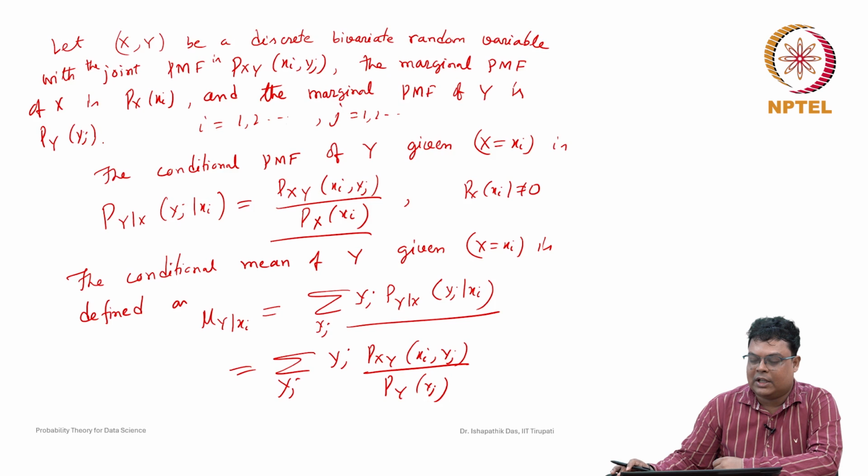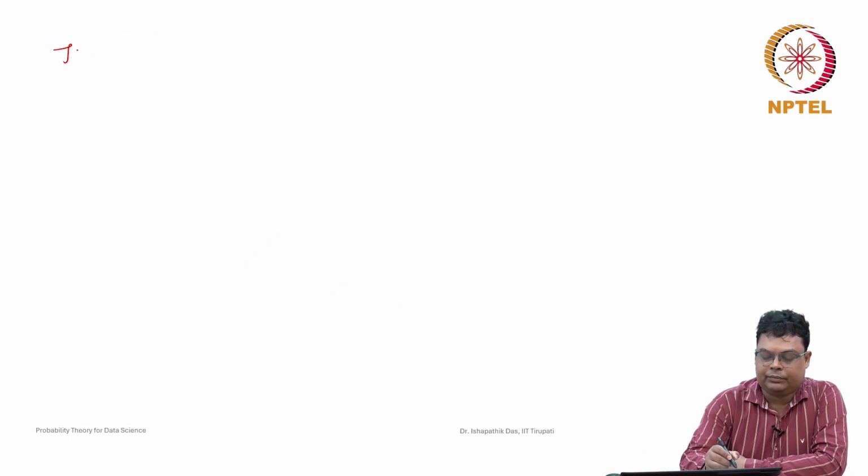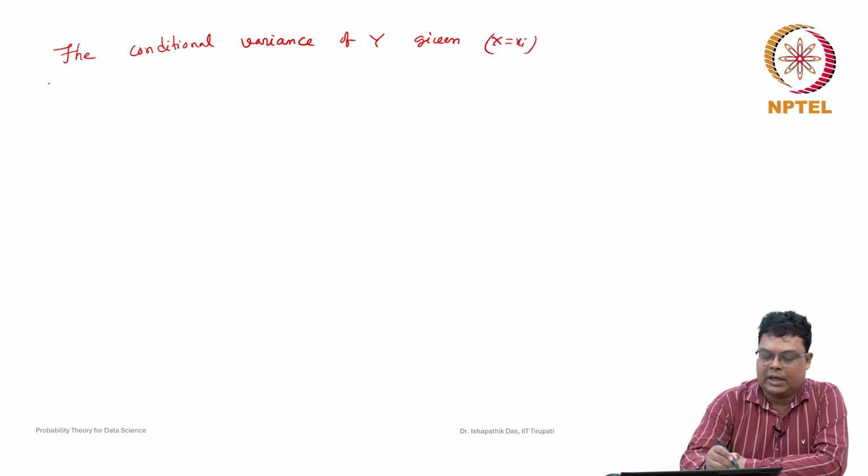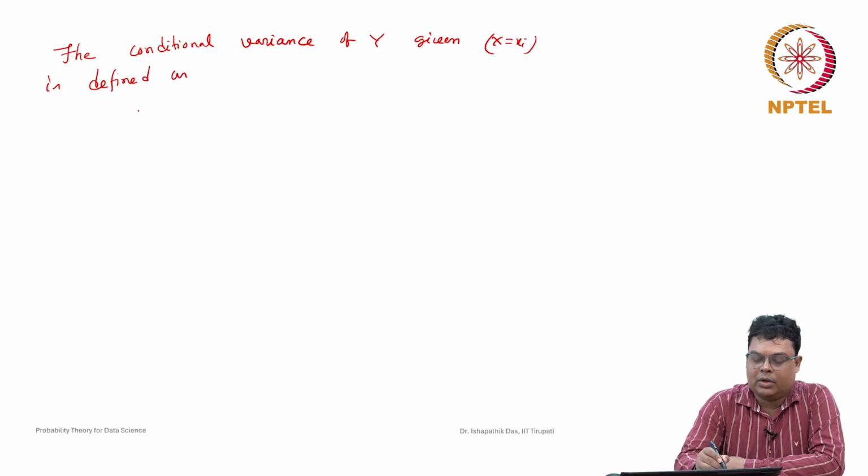First of all, the conditional variance of Y given X equal to xi is defined as sigma square y given xi, or we can say variance of Y given xi.